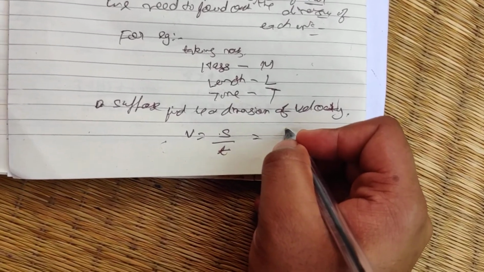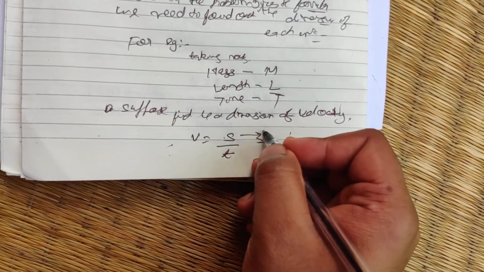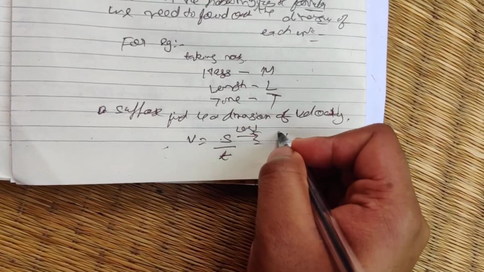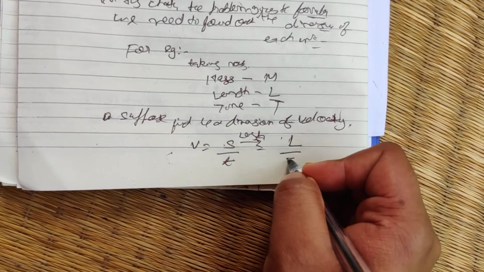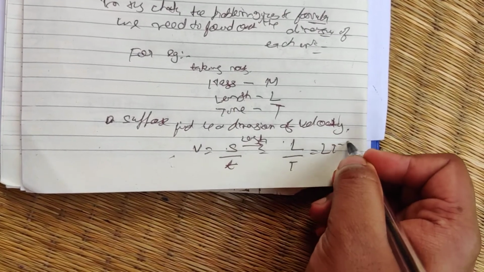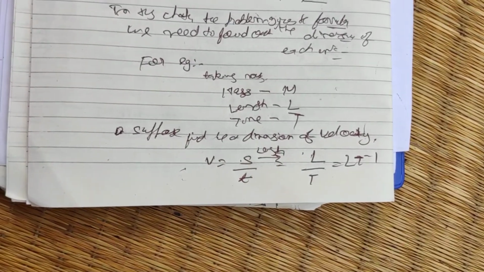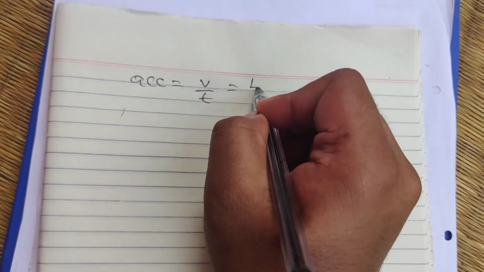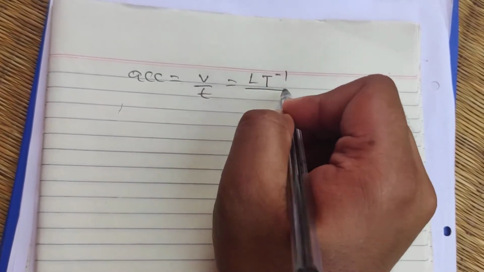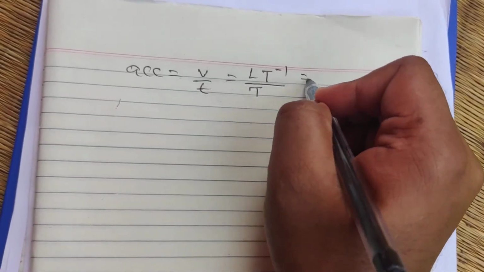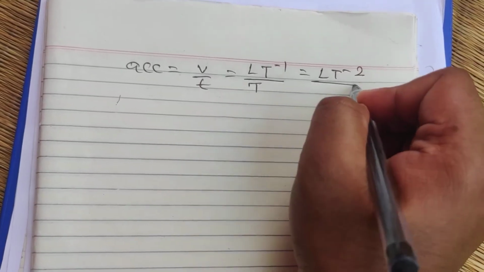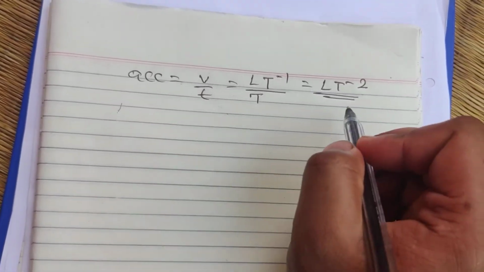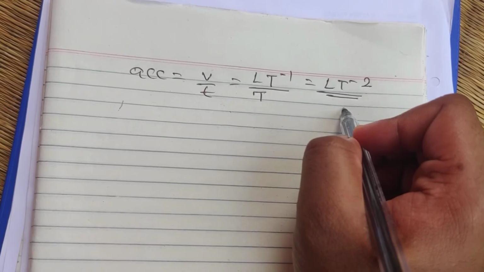Distance, as I told, is represented as length, L, upon time, which is equal to LT to the power minus 1. Now acceleration is velocity upon time, so LT to the power minus 1 upon T gives LT to the power minus 2. These are the basic things you should know at first.